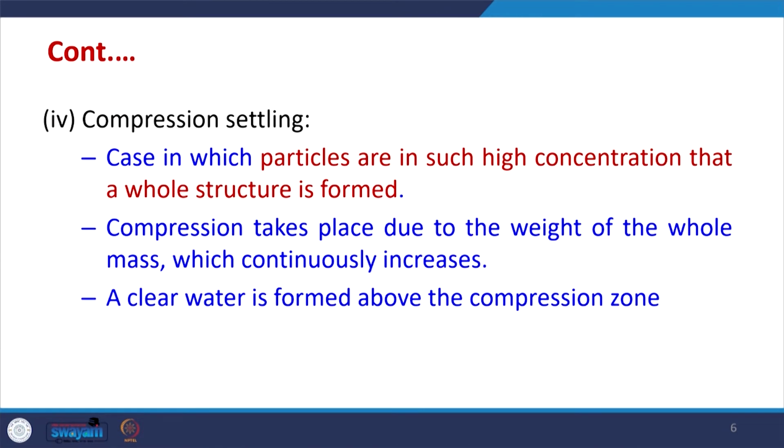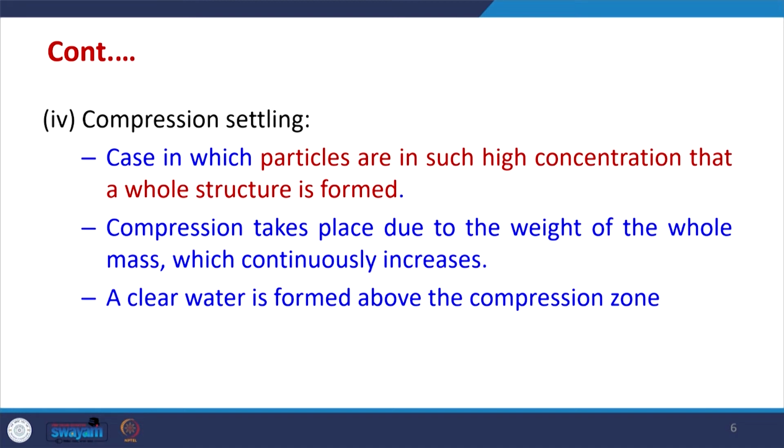This is called hindered settling, and then lastly we have compression settling. This is the case in which the particles are in such a high concentration that a whole structure is formed. Compression takes place due to the weight of the whole mass, which continuously increases. The structure volume may become less, but the mass will go on increasing.